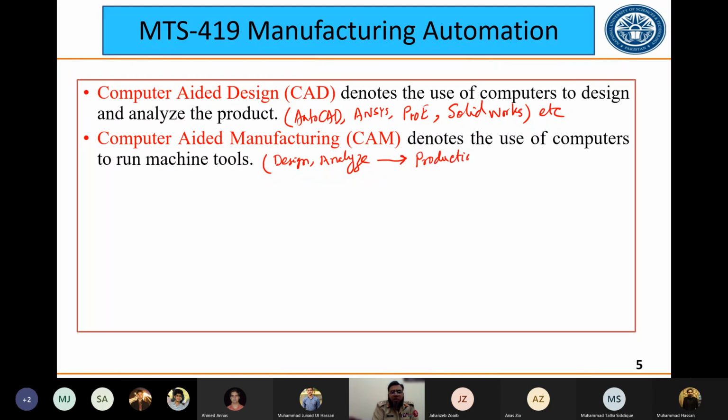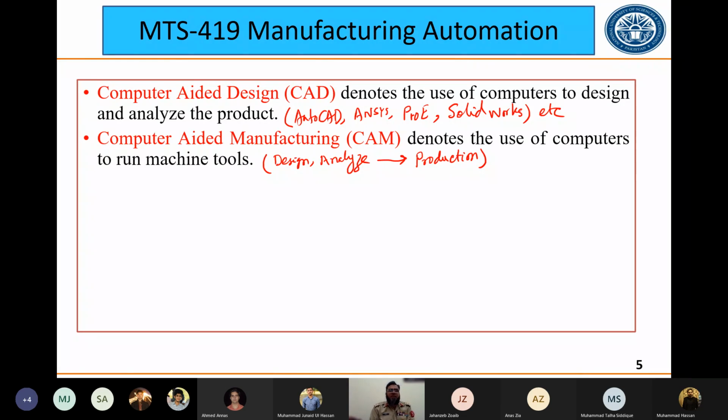So what is the advantage of CAD and CAM? If we straight away go into manufacturing, maybe our design is not very good or is not adequate, and wherever we are applying our product, it might not withstand the stresses of the machine in which that part is being used.